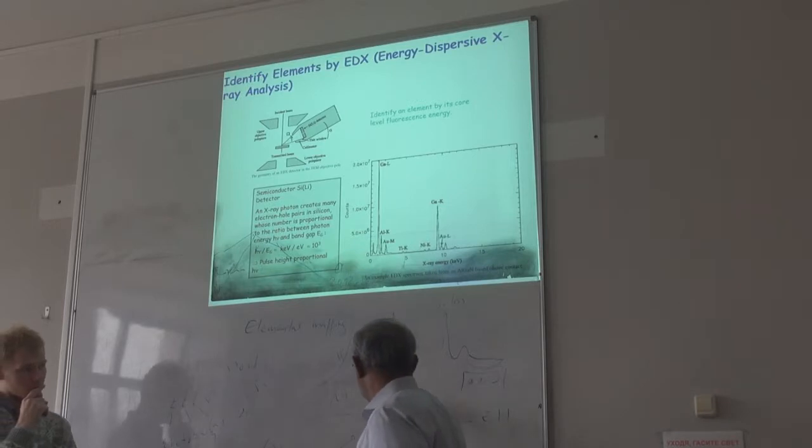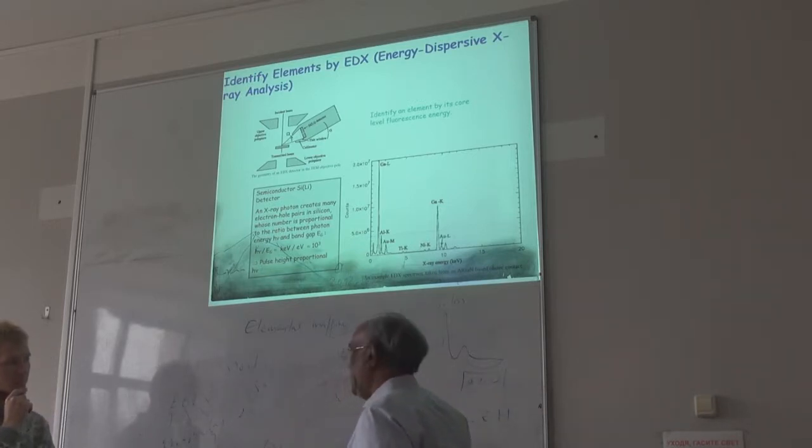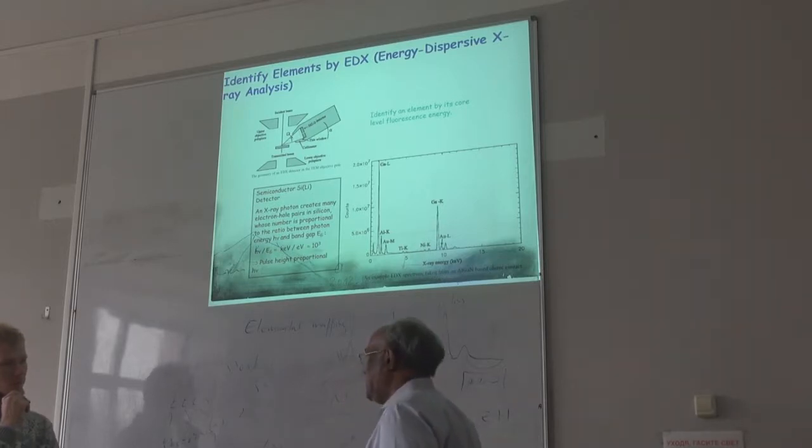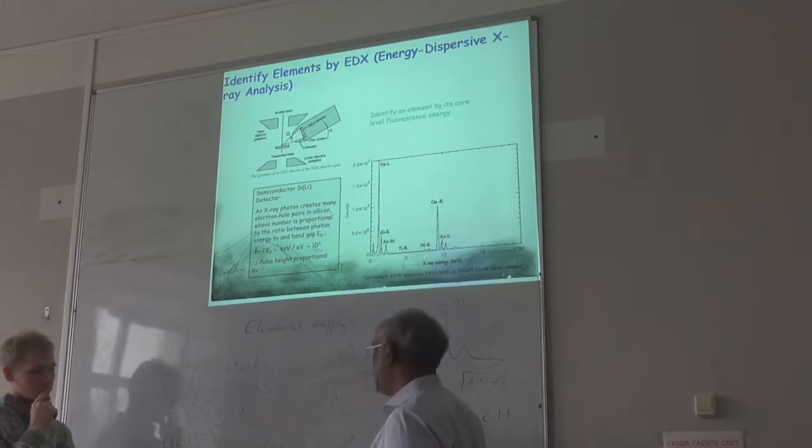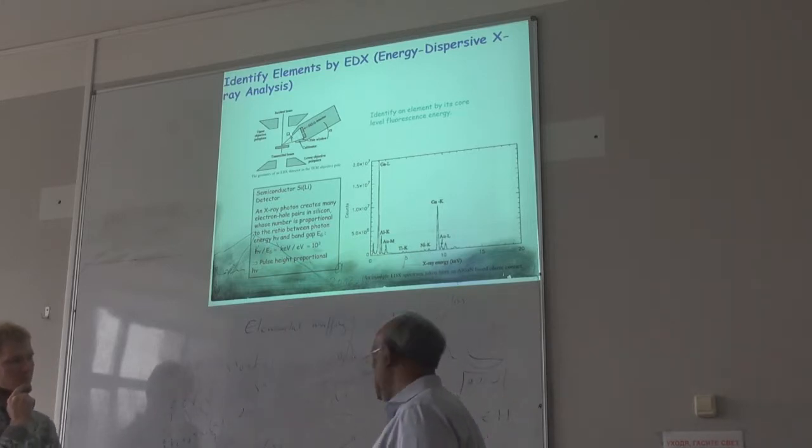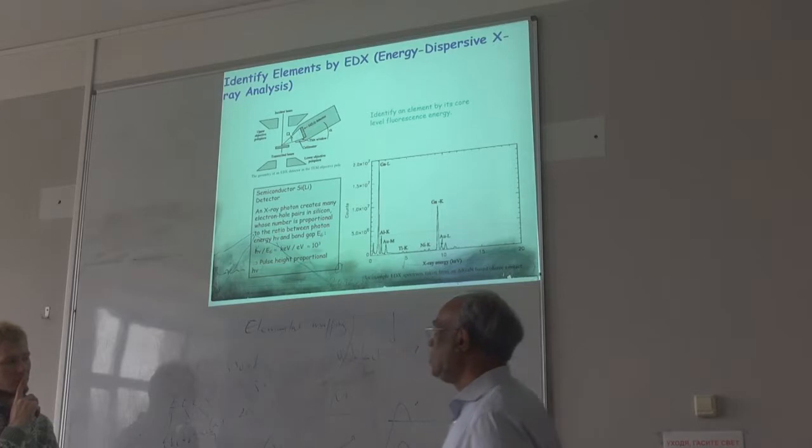If an electron is higher than this one, we count it as one. So if it is like this, we don't count. And if it is less than that, we count it as something lower. That's how the energy dispersive spectroscope works.